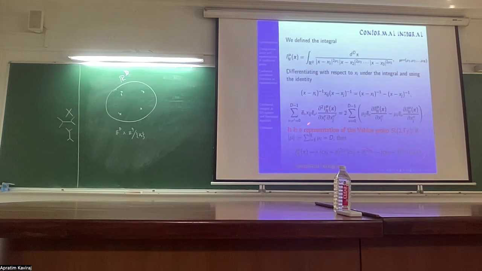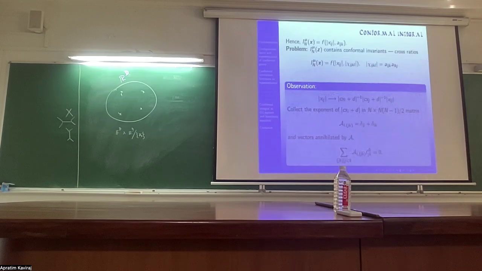So this means that under the conformal group, this also transforms covariantly. So I_mu, like G, is also a representation of the conformal group. So I_mu is also a function of these mod Xij's and Aij's, like in the previous case. We are talking about scalars here.